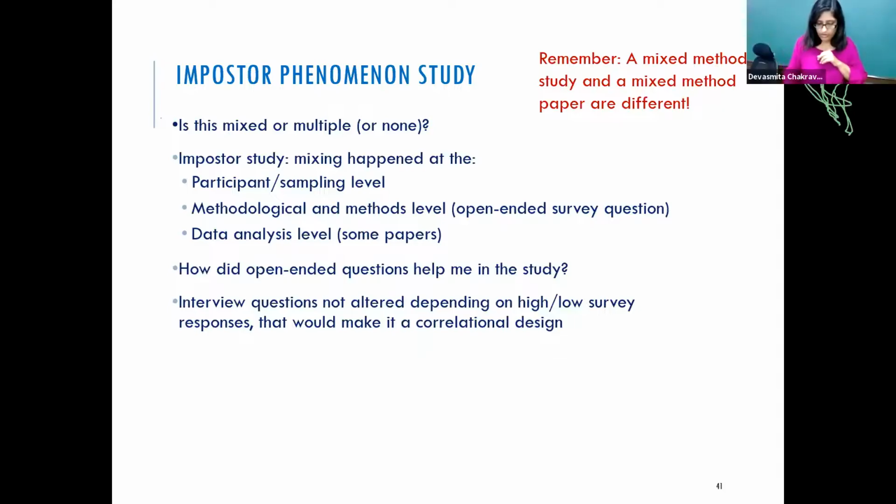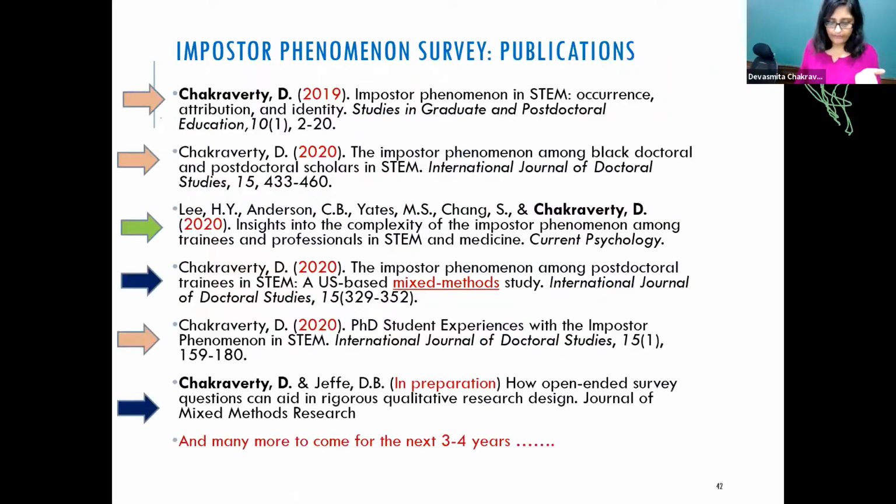Okay, so based on that, so far I've been able to publish all these papers where the orange arrows look only at the qualitative findings, including the open-ended survey question finding. The green arrow looks at only the quantitative data, no qualitative data.